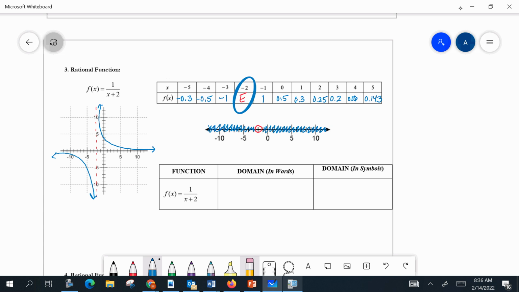In words, we would say the domain is all real numbers except x equals -2. In symbols, we would write from -infinity to -2 with a parenthesis because it's excluded, and then on the other side of -2 to infinity.